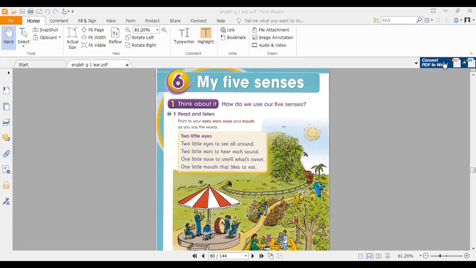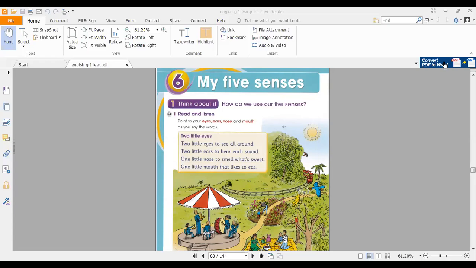Two little eyes to see all around. With our eyes, we see the world, we see all around with the help of our eyes.